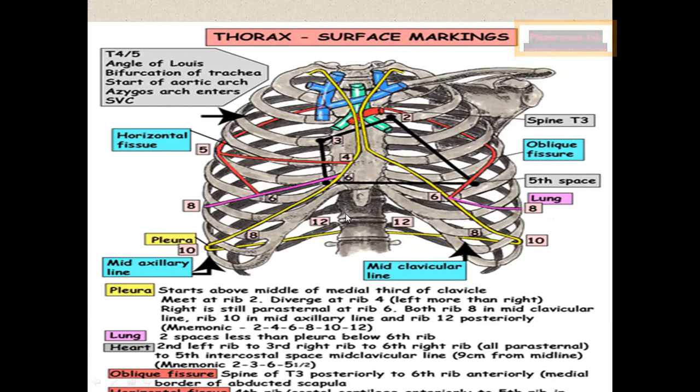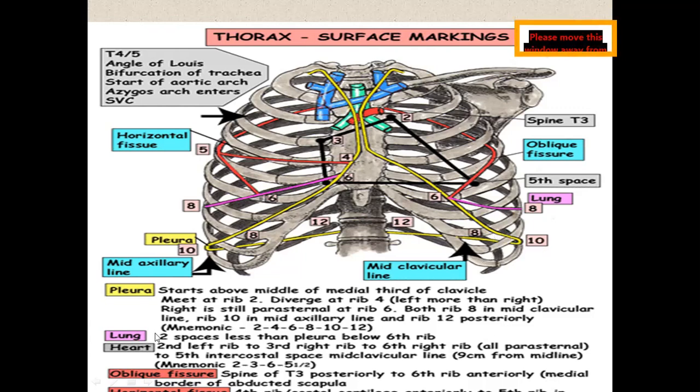Okay, so the pleural reflection on the left side, because of the cardiac notch, will be moving a little above, making a notch at the fourth itself, and then it will be moving up to the 6th, 8th and 10th.